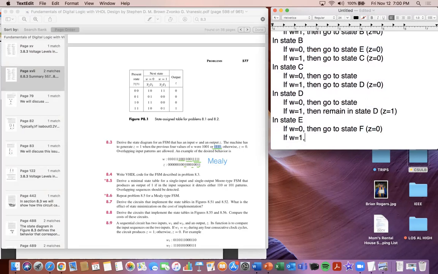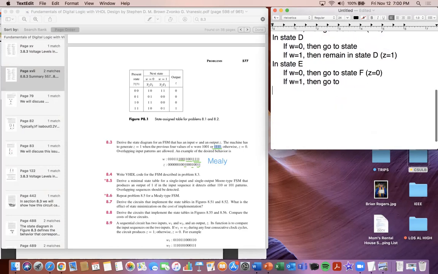I'm going to leave that blank right now. In state F, if W is equal to 1, that'd be 1, 0, 0, 1. If W is equal to 0, that pattern would be broken. So I know this would be correct: the pattern, Z is 1.